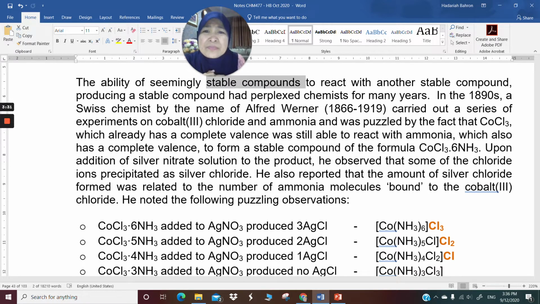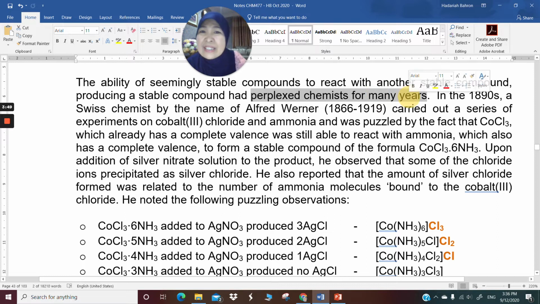However, chemists have observed that these stable compounds still can react with another stable compound. And this reaction produces another stable compound. This has been perplexing chemists for many years. It has been a puzzle to a lot of chemists.